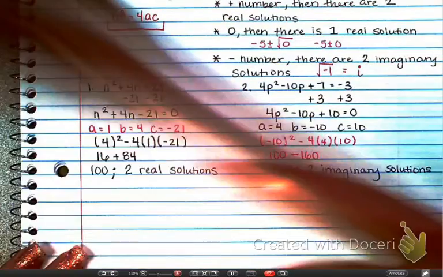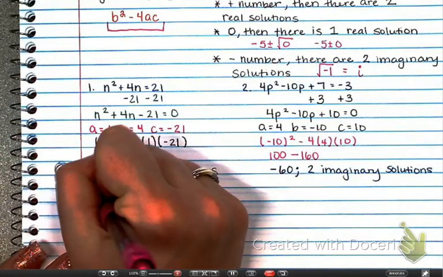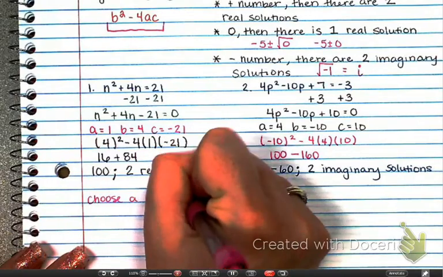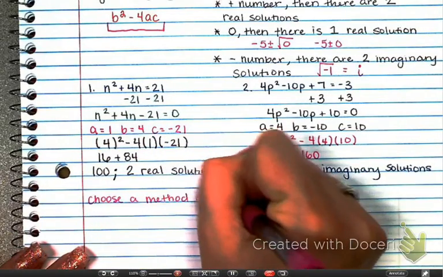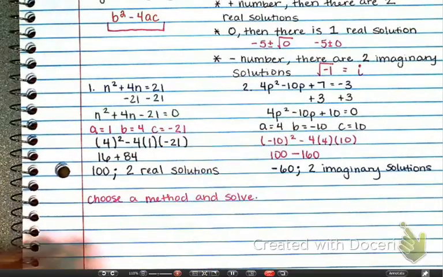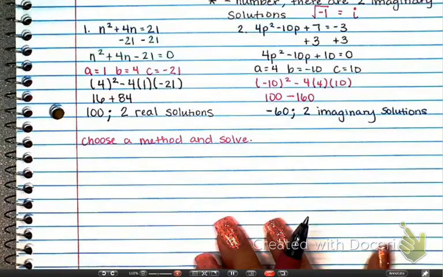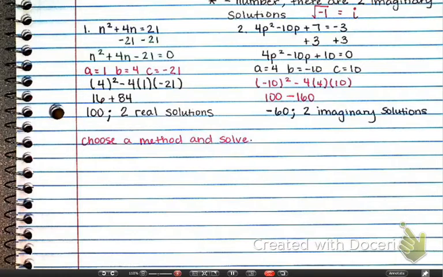So let's just go back to choose a method and solve. You're going to practice this for a couple days, but if you understand how to choose a method, then you're going to be good to go.